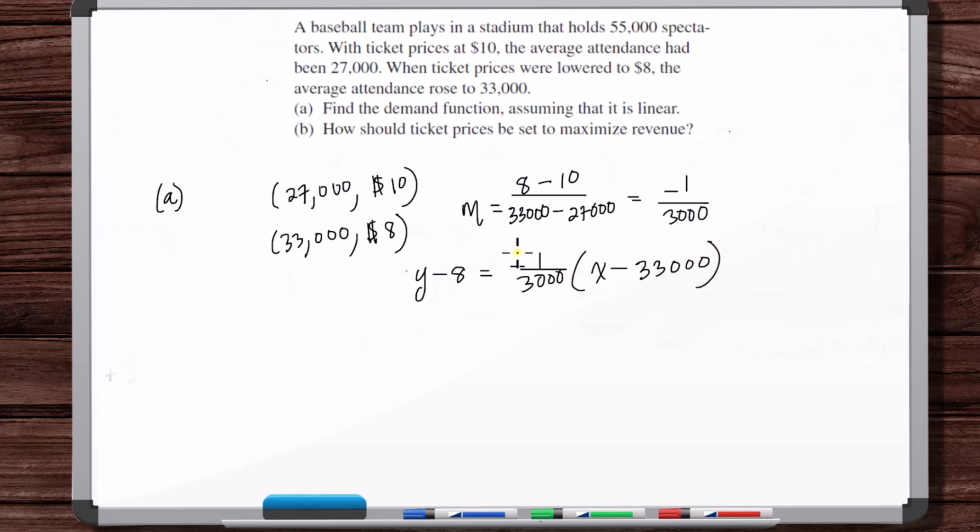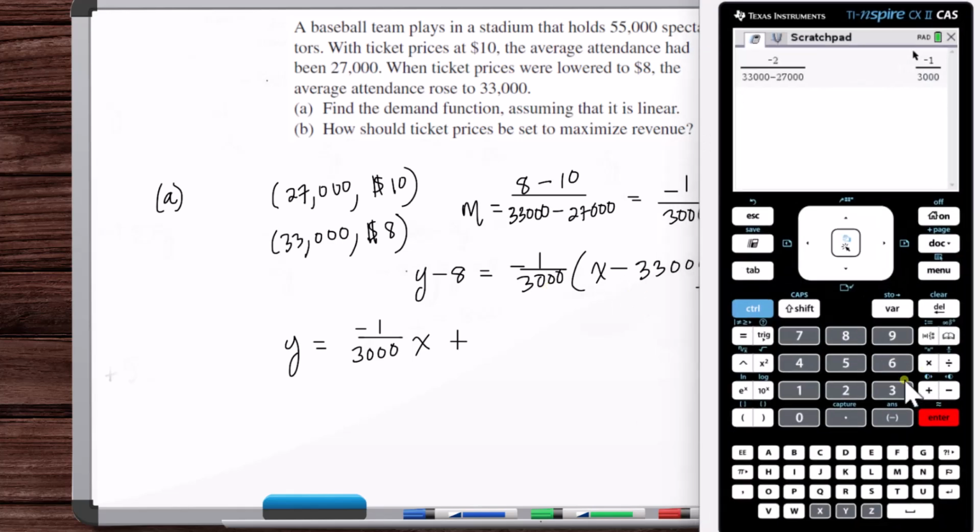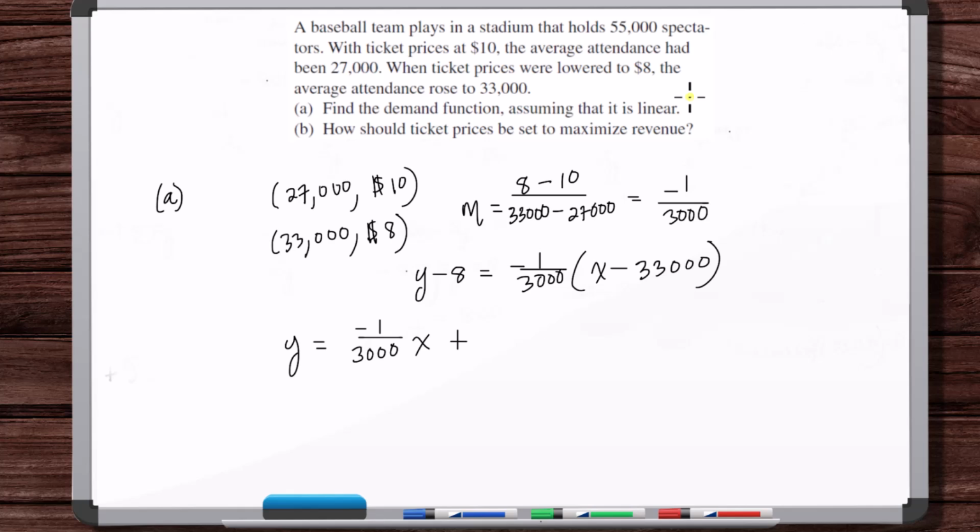Okay, so Y is equal to minus 1 over 3,000 X plus 33,000 divided by 3,000, which is 11, and then add 8. So this is going to be plus 19. Okay, so there's the line.